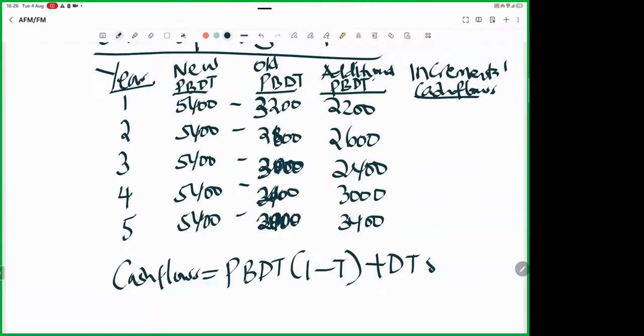Is there somebody who knows what 1 minus tax is for us? 0.7, because tax is 30%. So multiply each one of these with 0.7, and then you add the DTS.